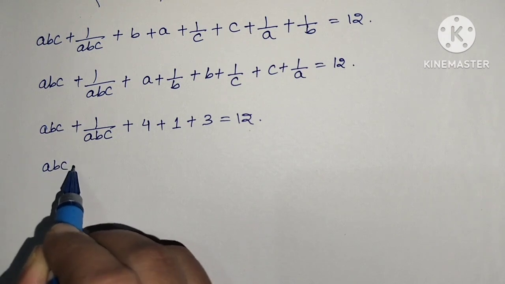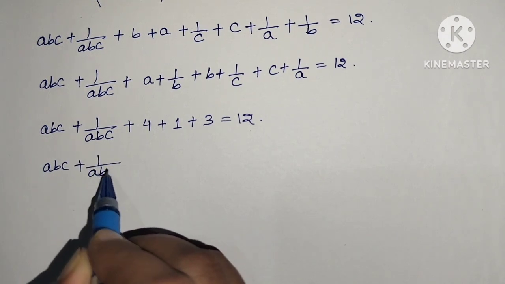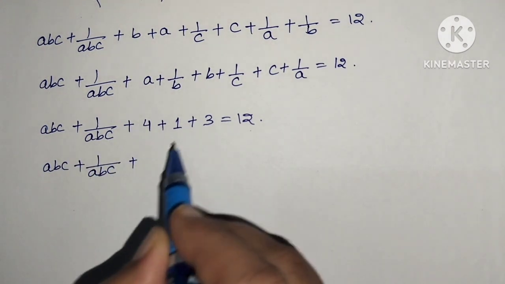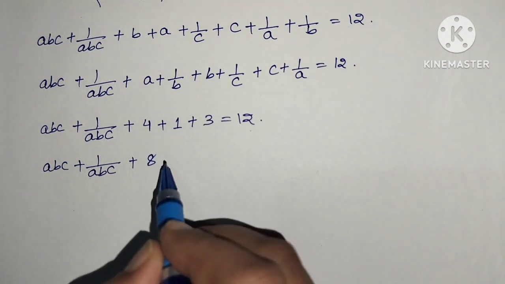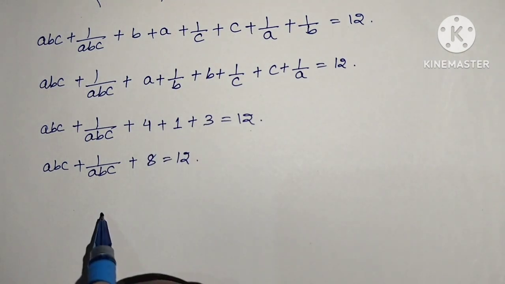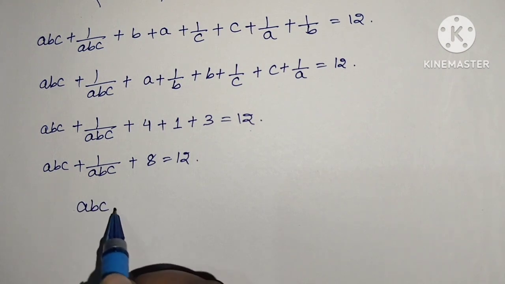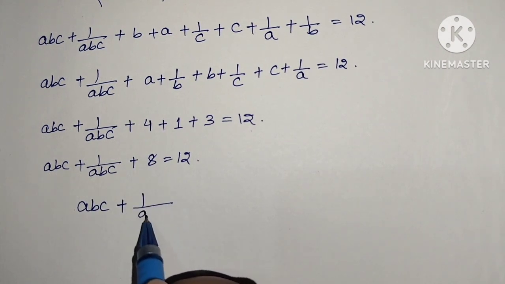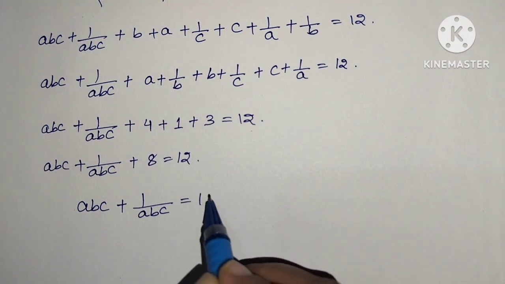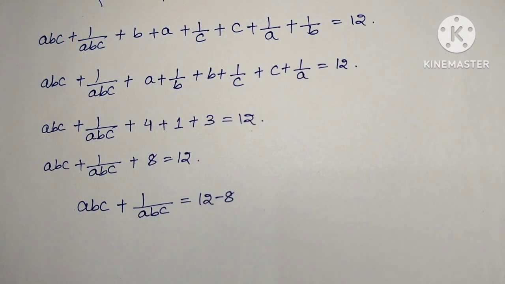Then ABC plus 1 by ABC plus, here it is 8. 4 plus 3, 7 plus 1, 8 is equal to 12. Then ABC plus 1 by ABC is equal to 12 minus 8. Then what is that result?